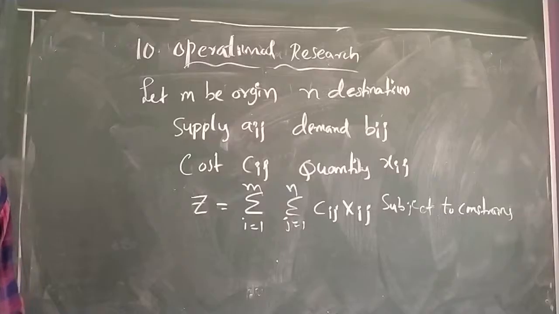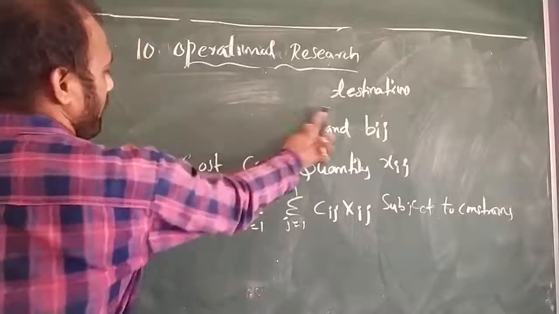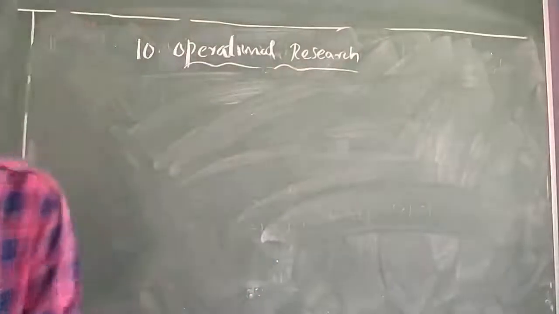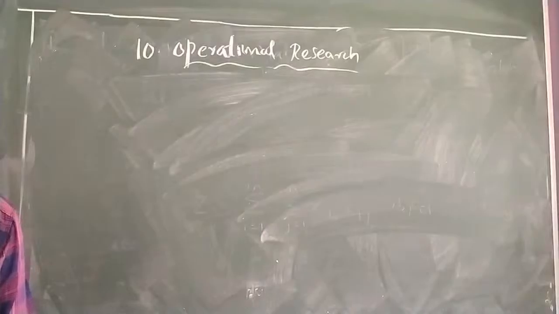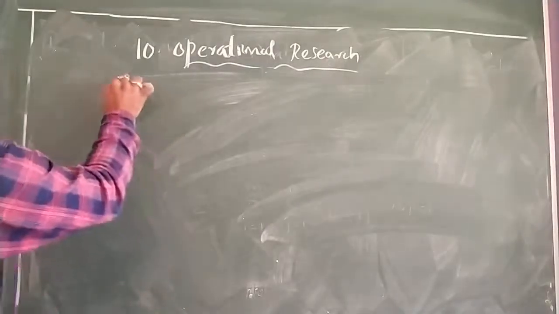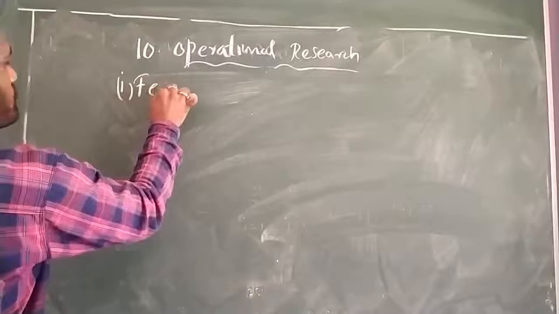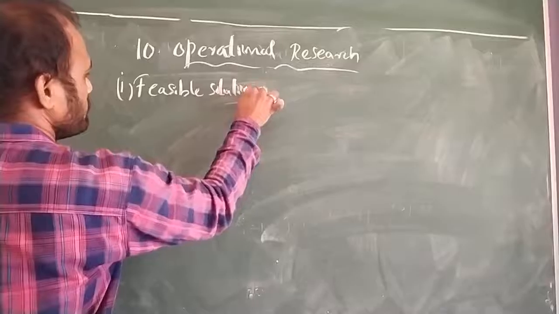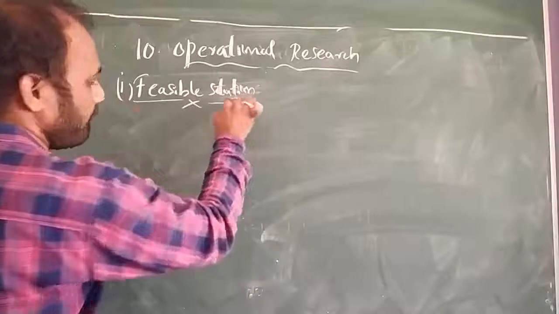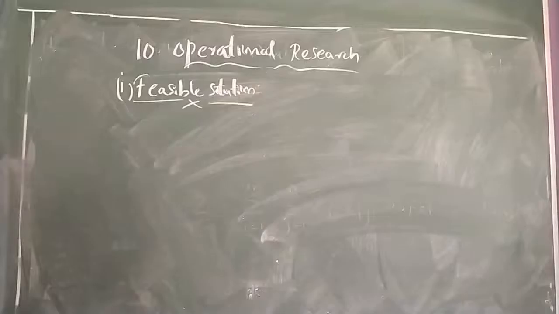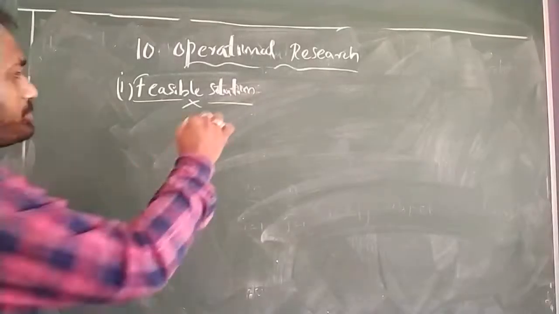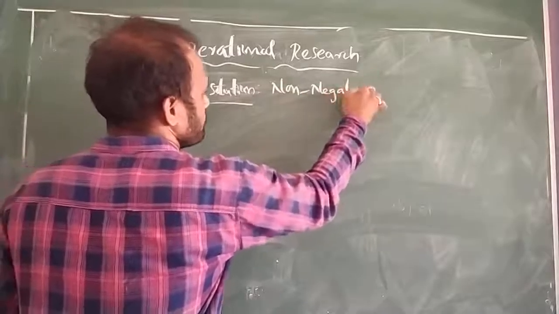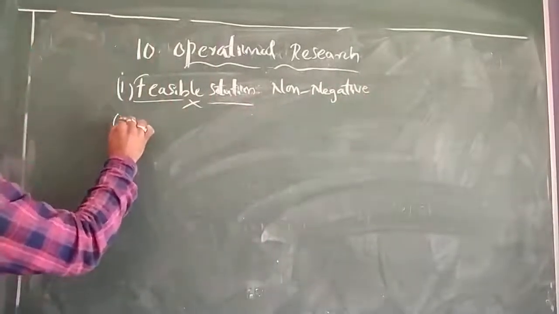So we have various parameters to be learned here. The first parameter is the feasible solution. A feasible solution has non-negative values; if we get non-negative values, that gives a feasible solution.